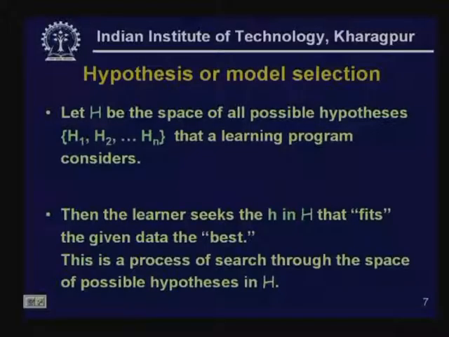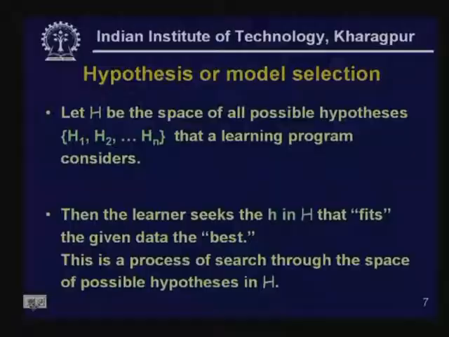So, we guess an f, we guess something which can possibly be f, and these guesses are called the hypotheses that we form. So, we talk about a hypothesis space. We are going to search for f, and where are we going to search for f? We define a hypothesis space.